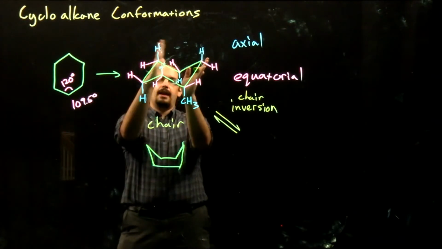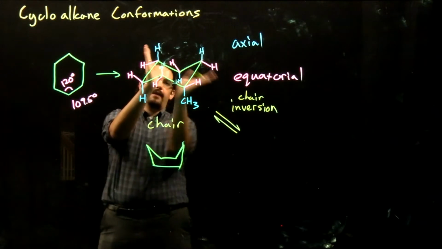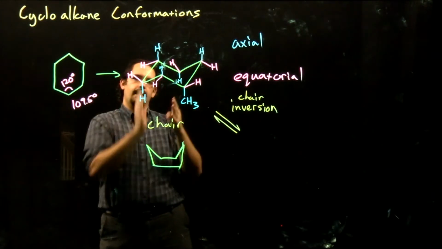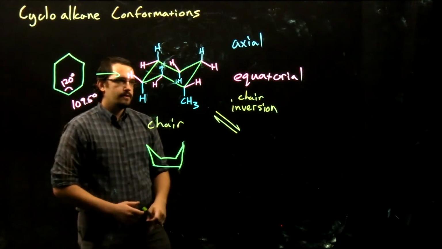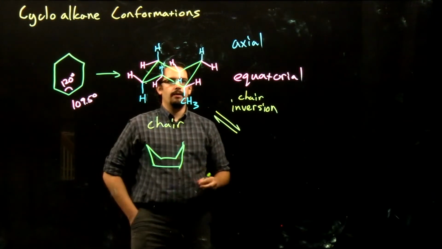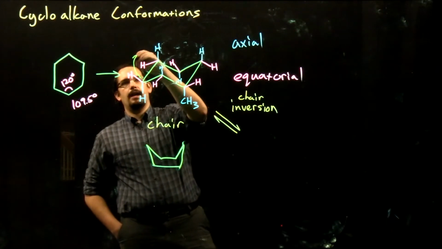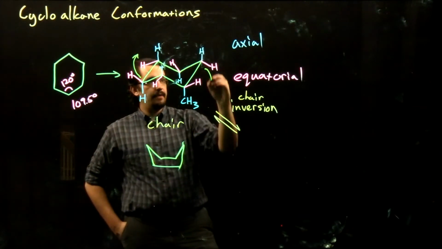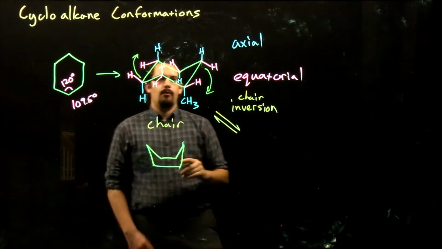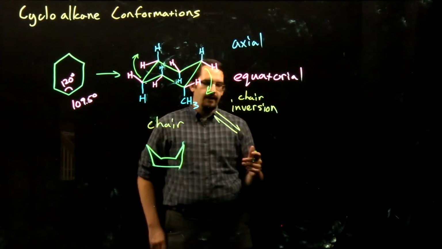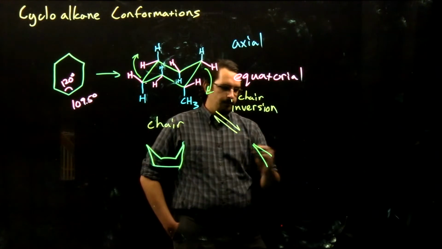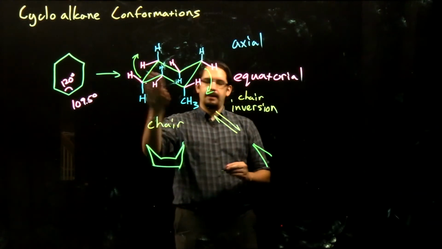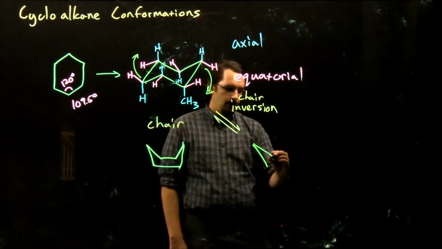Now what happens if we bend it up into a boat shape, and then bend the other side down into a different chair? This is called chair inversion. So if we bend this side up and bend this side down, we're going to have our chair basically facing the opposite way. So instead of peeking up on the right side, it's going to peek up on the left side.